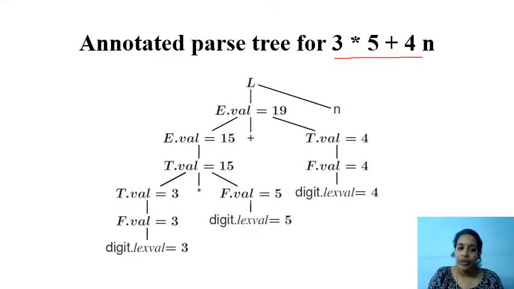Now we have got the annotated parse tree for the input 3 star 5 plus 4. Initially we started from the parse tree, then traversed it performing the semantic actions. At the end we got a syntax tree that is decorated with all the attributes, that is, annotated.